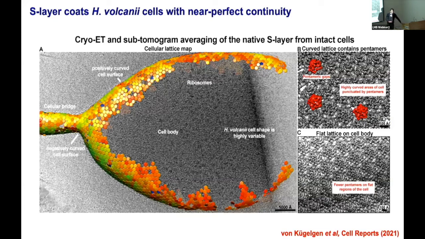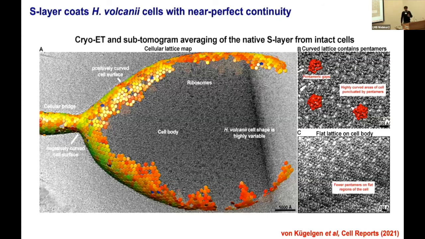There's one behind you, and then there's just one here as well. What I wanted to ask was, what specifically were you labeling when you were fluorescently imaging the new S-layer versus the old S-layer? So we have a genetic mutant of the S-layer, which has a peptide displayed on it called the SpyTag.